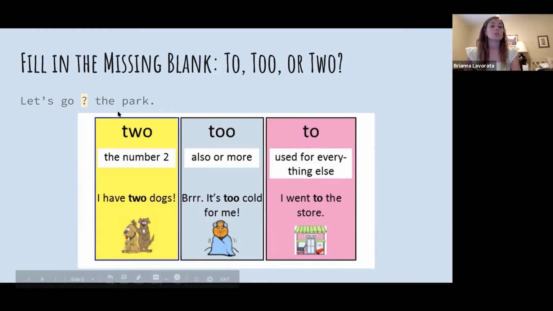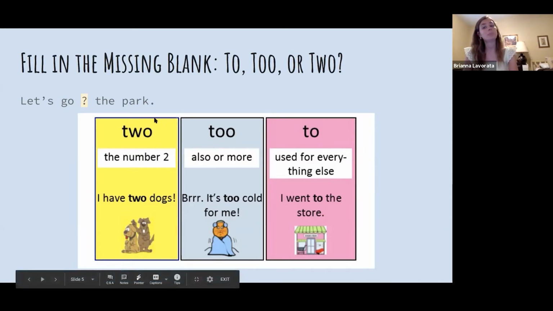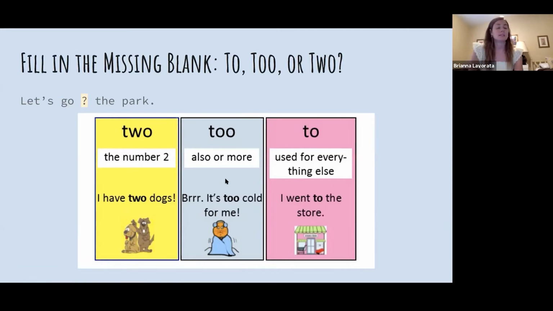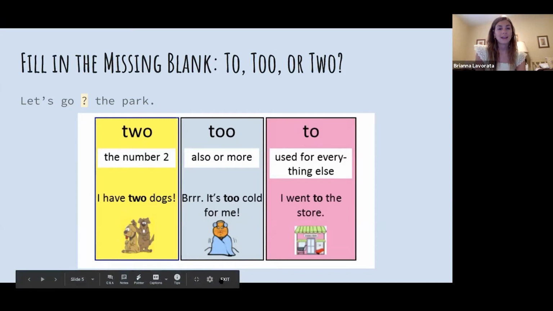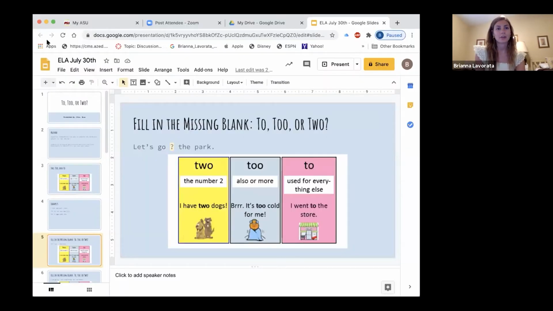So let's go to the park. If I was to say, let's go two the park, that wouldn't make sense, the T-W-O, right? We're gonna cross that one off. Let's go too the park. That doesn't make sense because we're not really showing more of something or less. We're gonna go ahead and use the T-O. So I am going to write T-O in here for you.